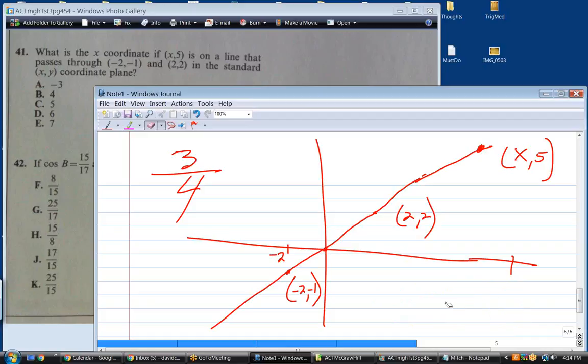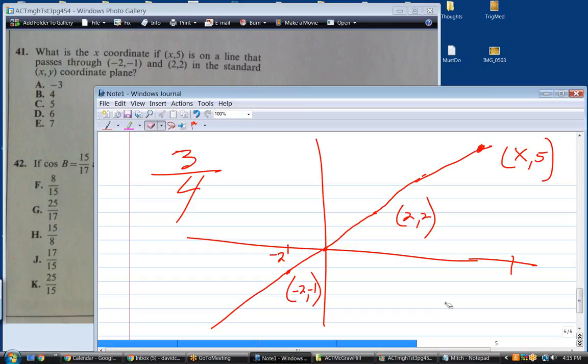But I actually love the way you did it. There's, first of all, nothing wrong with doing anything the lazy way when you're taking the ACT. Always remember that the goal here is not to prove how much math you know. The goal is to answer the question correctly in as quick an amount of time as possible. Yeah.